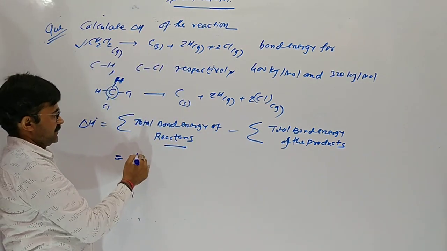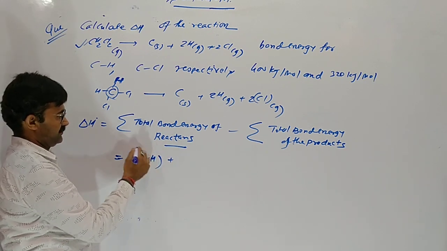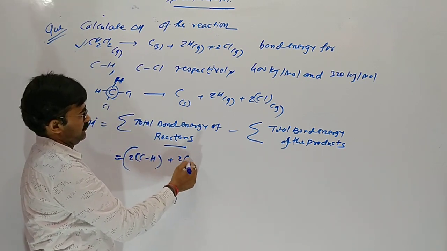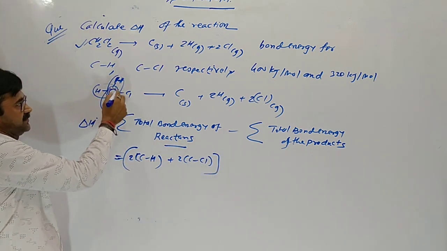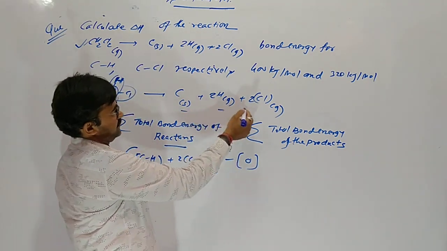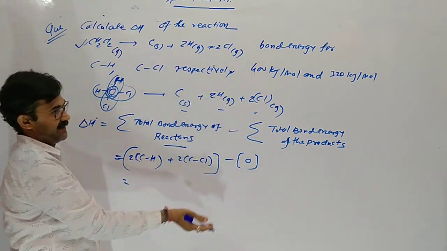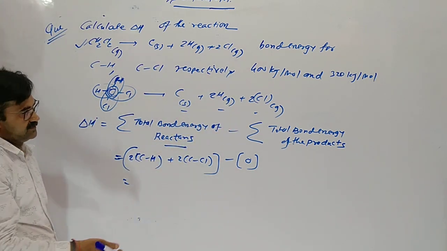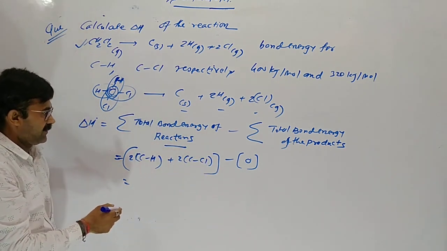So here two times bond between CH plus 2 times bond between C and Cl. CH with 2 times, C and Cl with 2 times, minus 0. Here no any bond. Yes, don't make mistake. All the atoms are separate, so there will be 0.